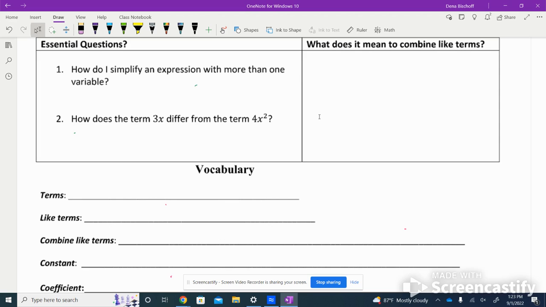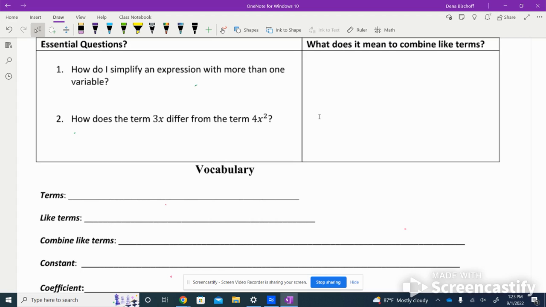This expression has 2 variables. It has x's in it and it has y's. Do you see that? If I have an expression that has more than one variable, what do I have to look for? Combine like terms. What do you mean by combine like terms? I'm looking for the same what? Same x or y. So same variable.